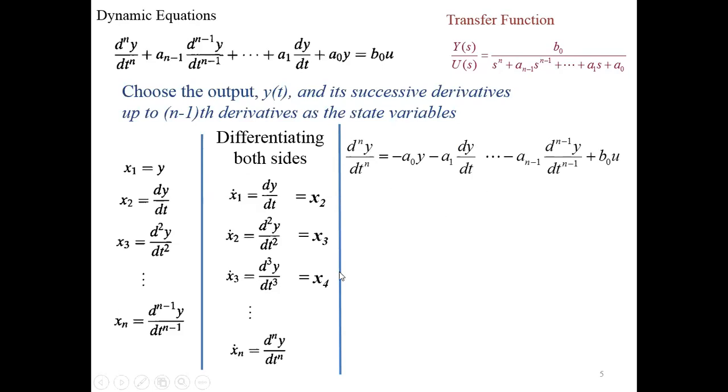and replacing these values, xn derivative will be equal to minus a naught, and y is equal to x1, and dy by dt is equal to x2, and so on. This term is equal to xn plus b naught u.